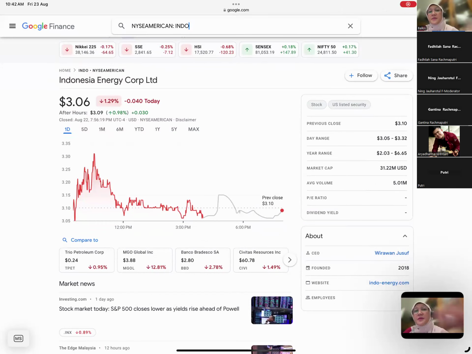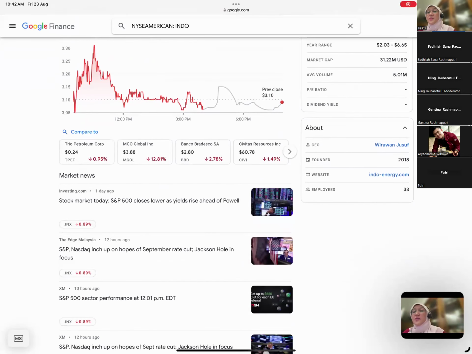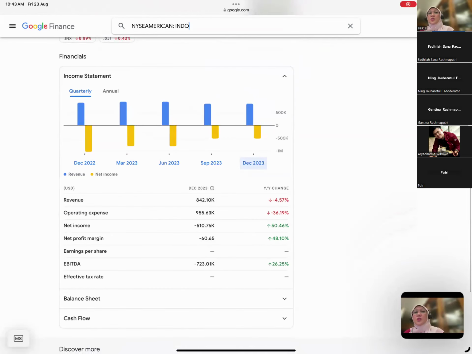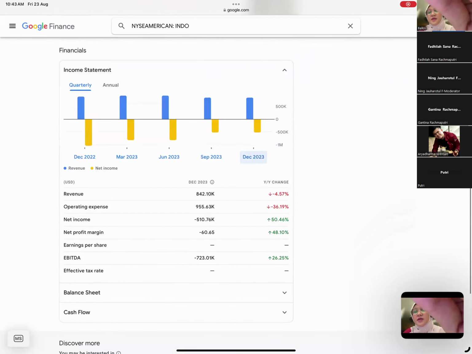So let's say Indonesia Energy Corporation is part of your sample and you want to measure the performance of several companies, meaning you would like to take the average performance of the listed companies at Bursa Indonesia. So from here, you browse the income statement.